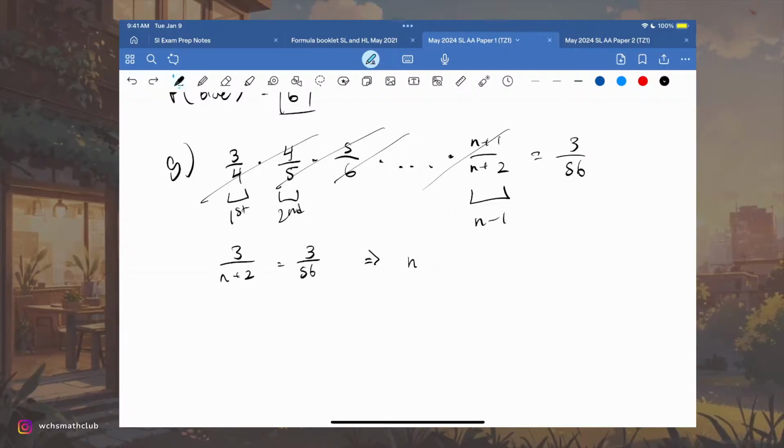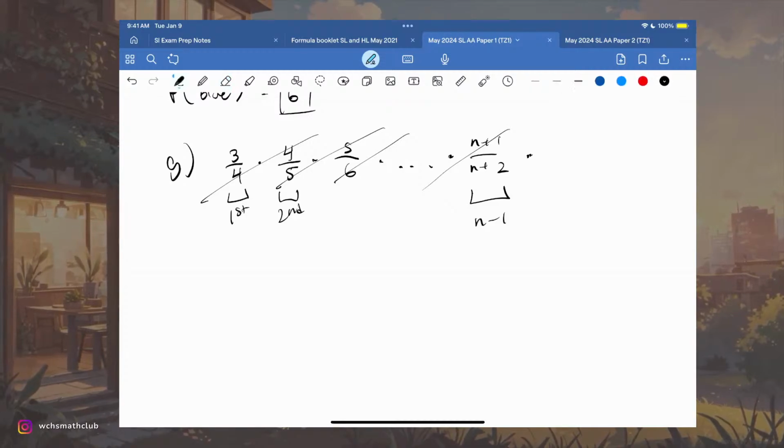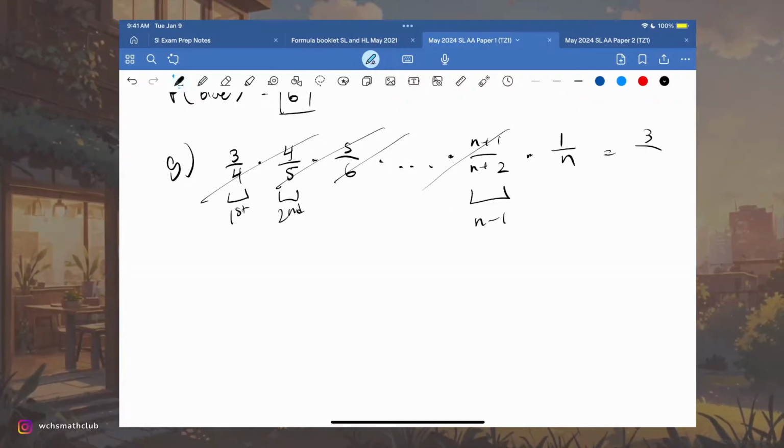Oh, minor error. This also implies that on the nth turn we have 1 over n plus 3 at the very end, and it equals 3 over 56.